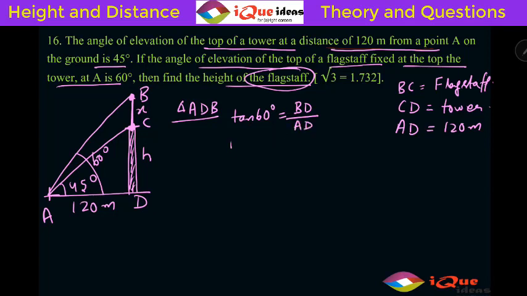Now tan 60 is root 3, BD is equal to X plus H and AD is 120. So from here we get X plus H equal to 120 root 3 meters.